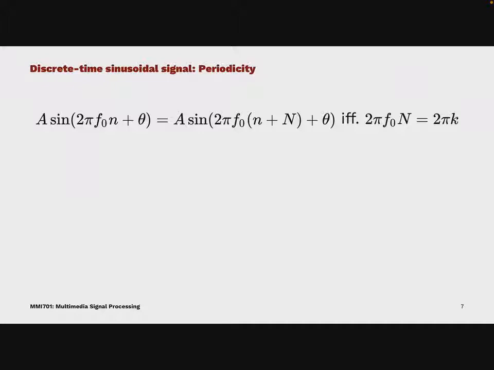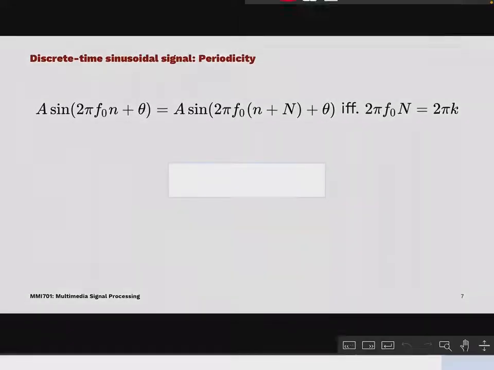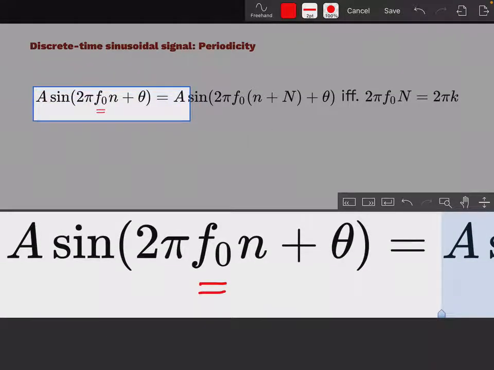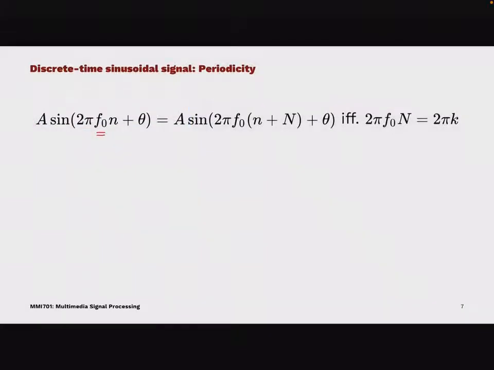So for a given frequency f0, or given radial frequency 2 pi f0, we have this relation: A sin(2 pi f0 n + phase offset) equals A sin(2 pi f0 (n + N) + theta). So this is only going to work if 2 pi f0 N is 2 pi k.